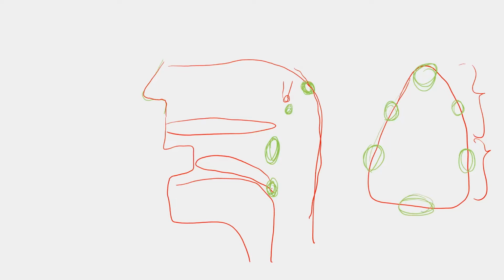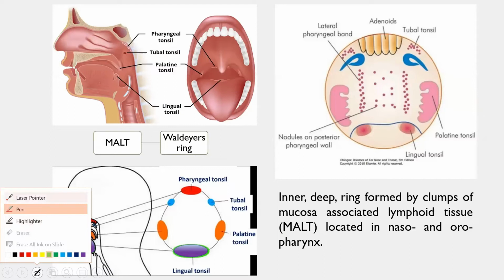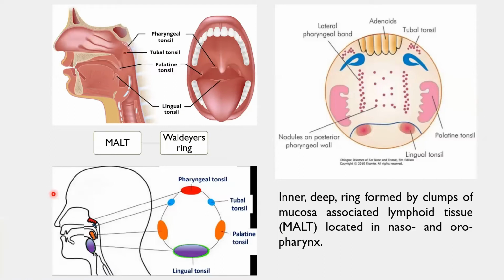So you can see these are arranged as a ring. That's why it's called the Waldeyer's ring, named after the person who first described this arrangement. So here I have included some pictures. Here you can see the pharyngeal tonsil, tubal tonsils, palatine tonsils, and the lingual tonsils. This is the anterior view.